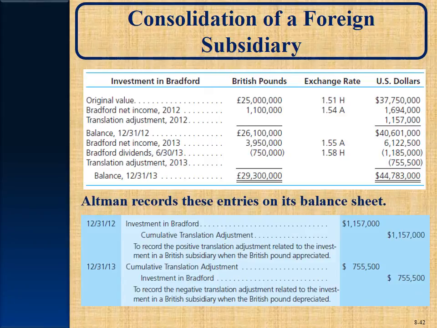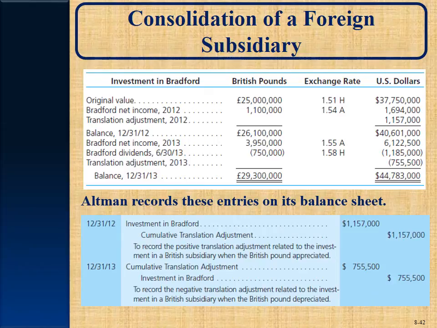So, the following journal entries would need to be made to the investment account, because remember, we still have the investment account involved here. We would debit the investment in Bradford for the $1,157,000 gain that resulted from the translation in 2012, credit the translation adjustment area on the equity area, $1,157,000.